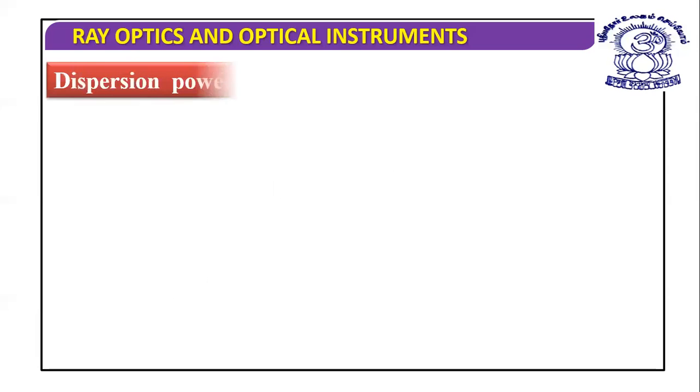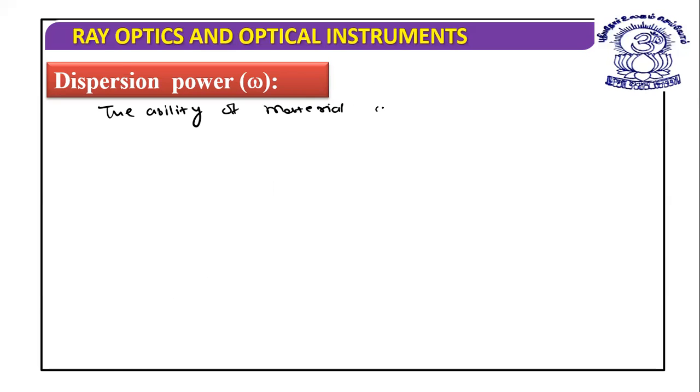Now, let us understand what dispersive power is. Dispersive power indicates the ability of the material of the prism to disperse the light ray.